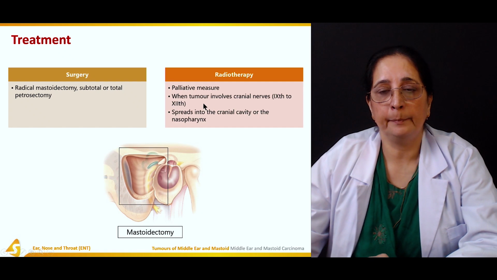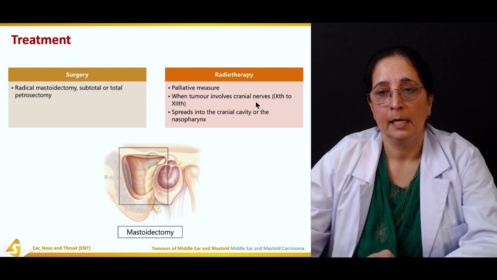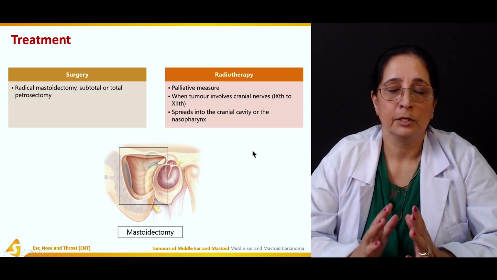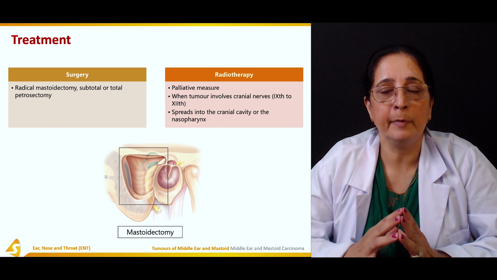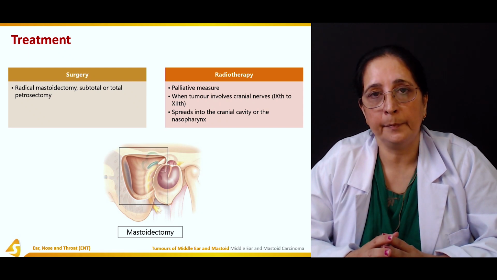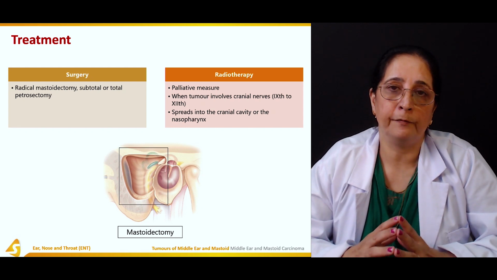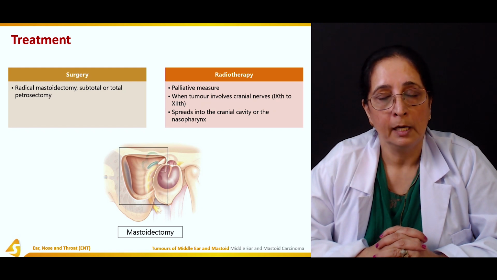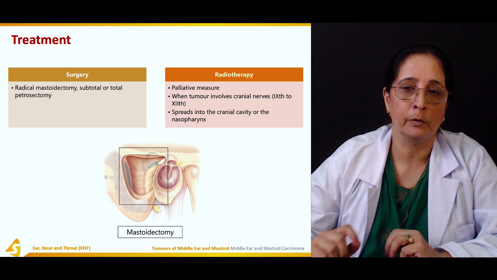Radiotherapy is a palliative measure when the tumor involves cranial nerves 9 to 12 or spreads into the cranial cavity or the nasopharynx. So surgery and radiotherapy are the main treatment options. Radiotherapy is a palliative supportive measure and usually is performed when it affects cranial nerves 9 to 12 and when it spreads to the cranial cavity or the nasopharynx.